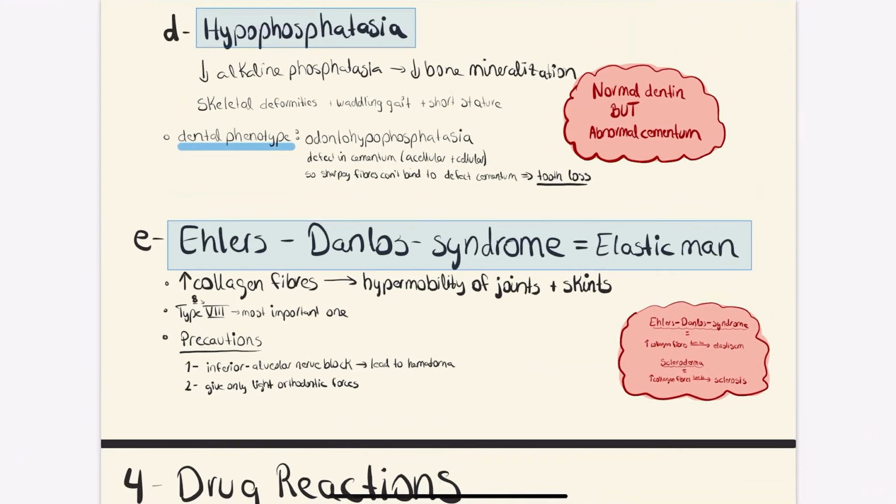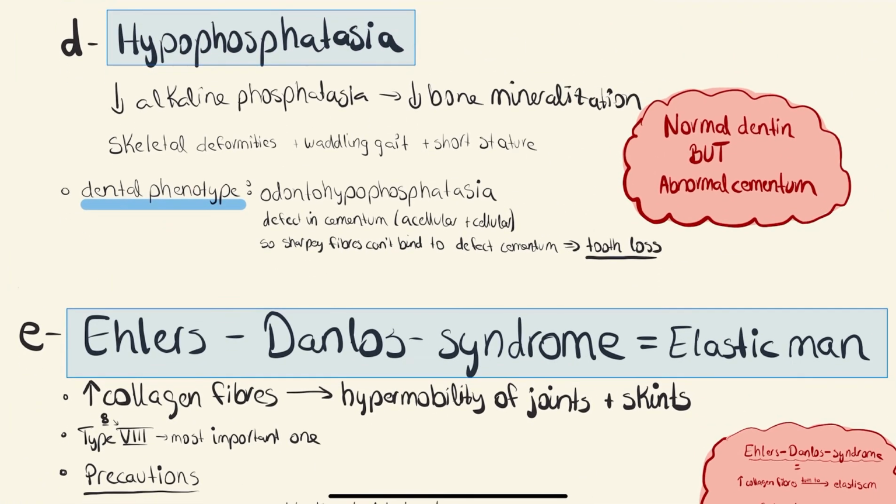Then what we have here is hypophosphatasia. As the name says, we have a decreased alkaline phosphatase, and this leads to decreased bone mineralization. We have skeletal deformities, a waddling gait, and a short stature. The dental phenotype is odontohypophosphatasia, which means we have a defect in the cementum, the acellular type and the cellular type.